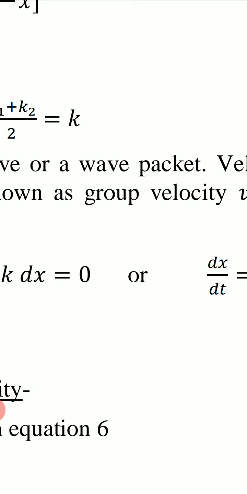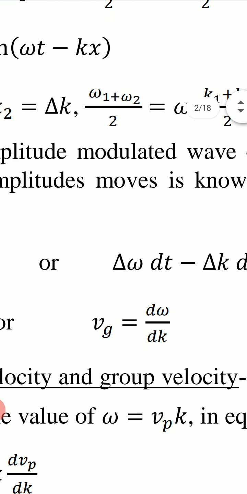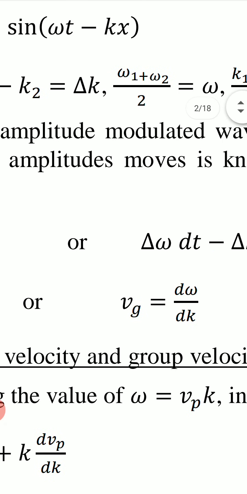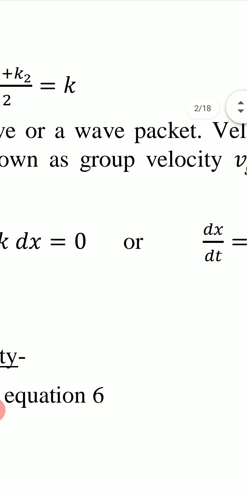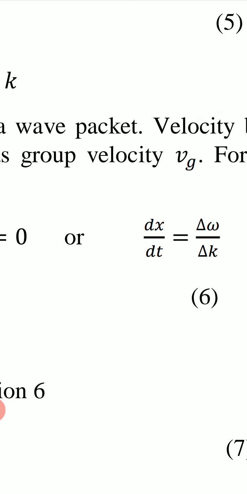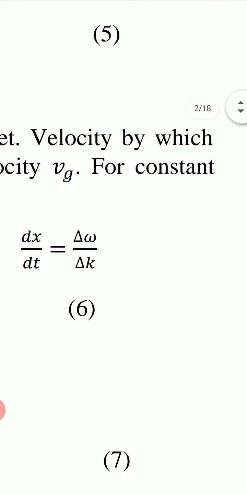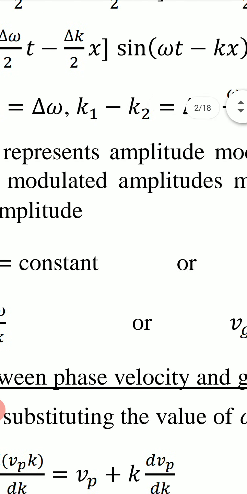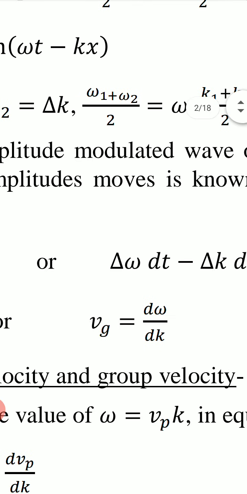The velocity by which the envelope of modulated amplitudes moves is known as group velocity, and we write it as Vg.